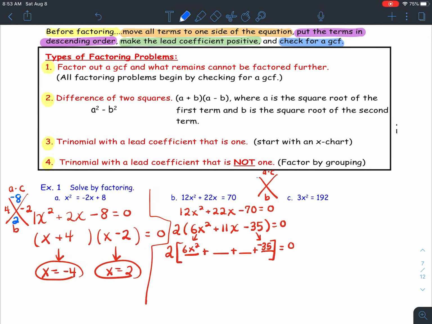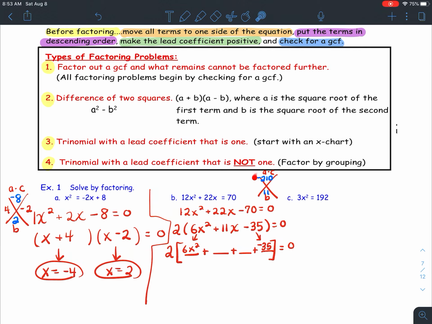Now, this is a really big number. A is 6 and C is -35. That means A times C would be the number -210, and the B value would be this 11 here. Okay, so we need to try to think through what are two numbers that are going to multiply to be -210 but add to be 11.